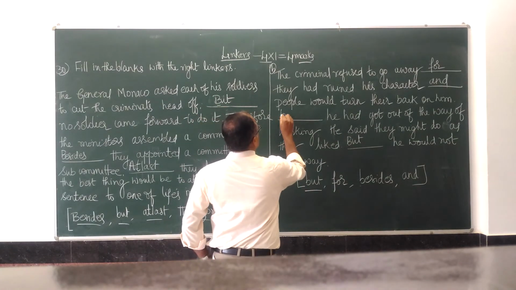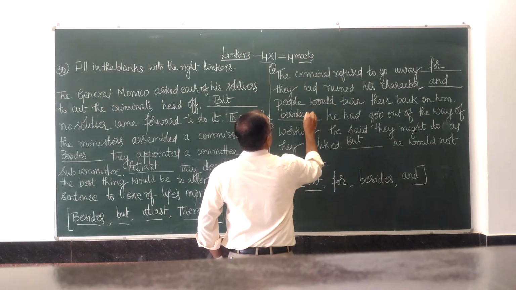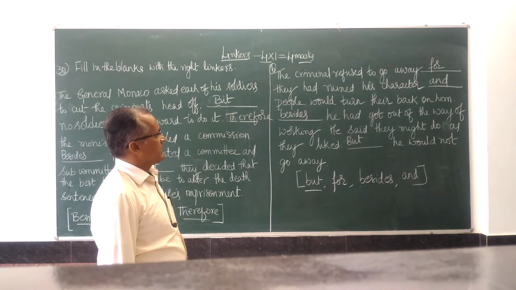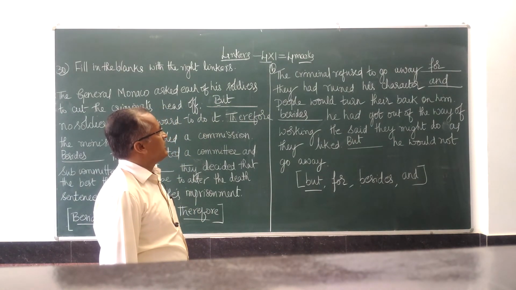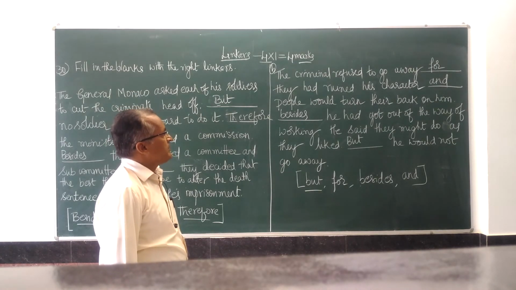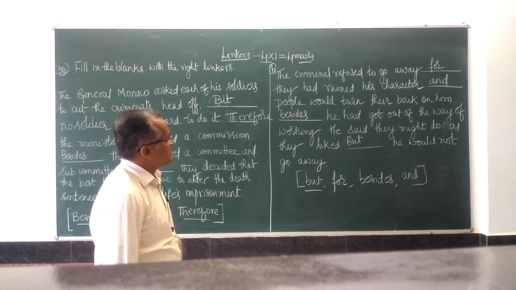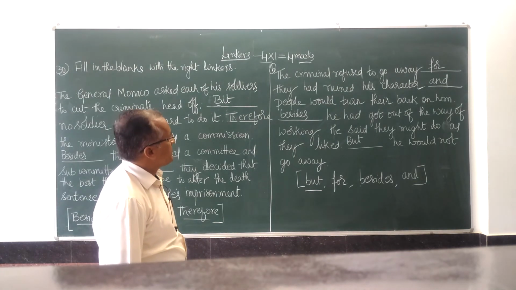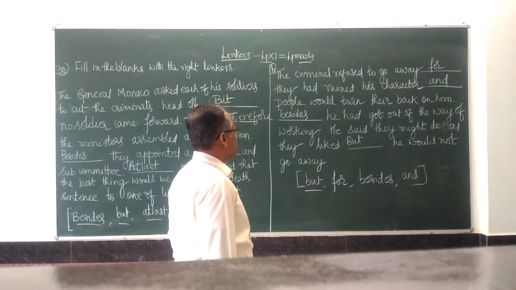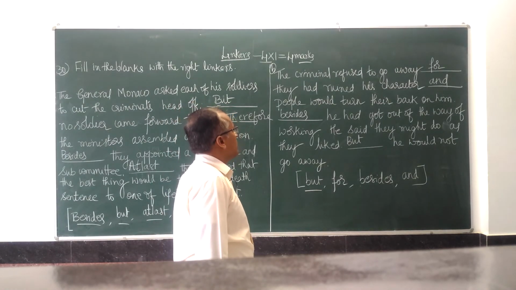Besides, he had got out of the way of working. Okay, the criminal refused to go away, for they had ruined his character, and people would turn their backs on him. Besides, he had got out of the way of working. He said they might do as they like, but he would not go away.